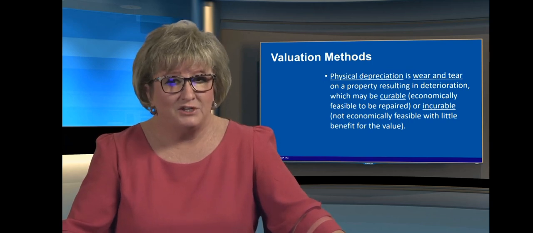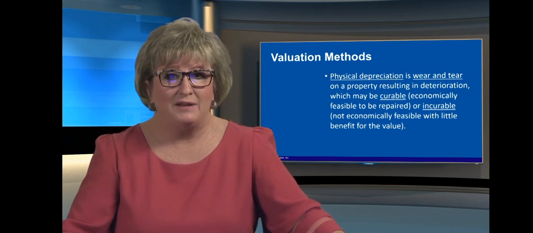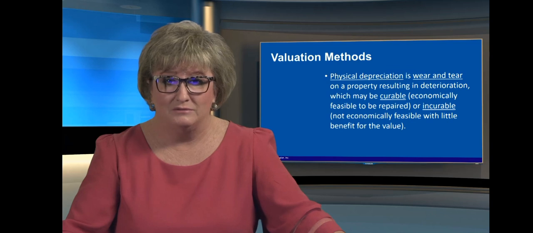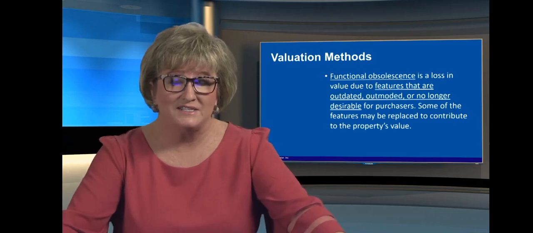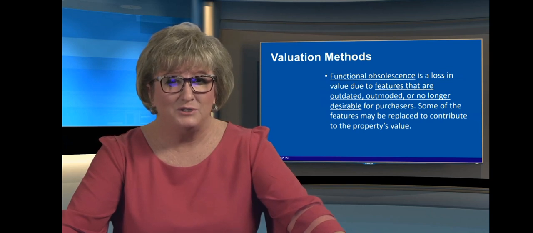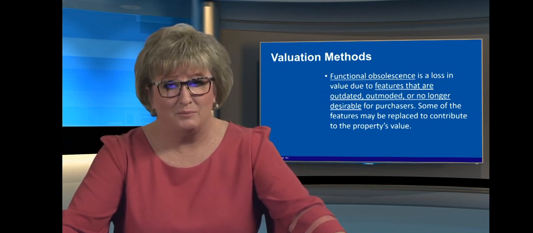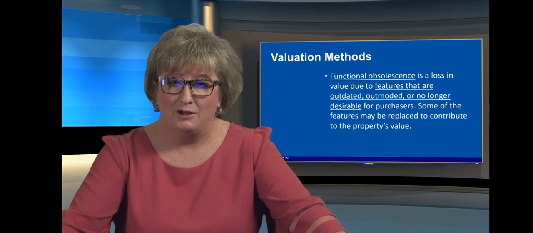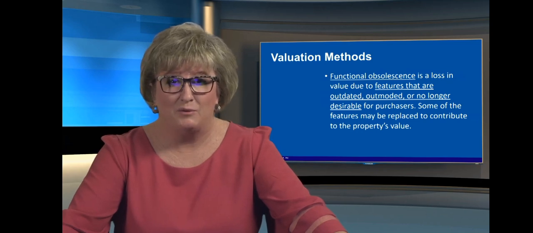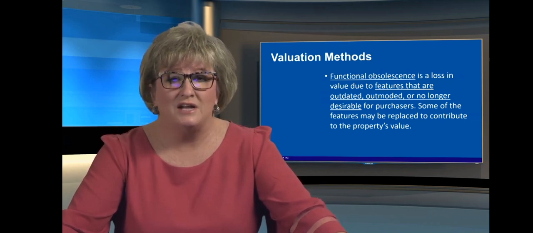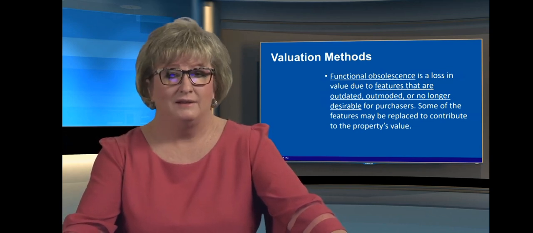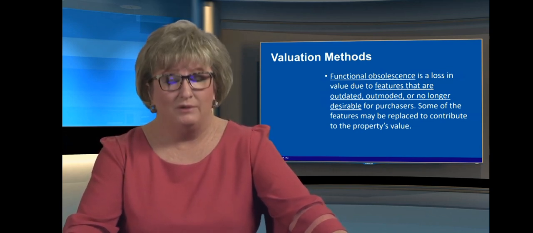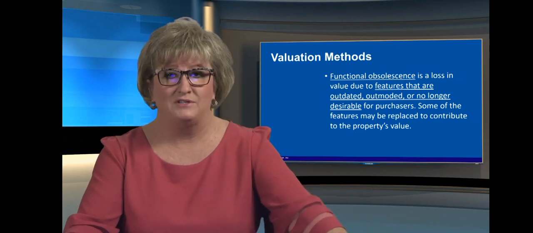Physical depreciation can be curable or incurable. Functional obsolescence is a loss in value due to features in the property that are outdated, outmoded, or no longer desirable for purchasers. Some of the features may be replaced, and replacing them will affect the property's value.